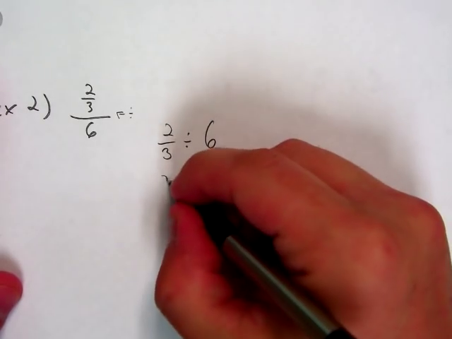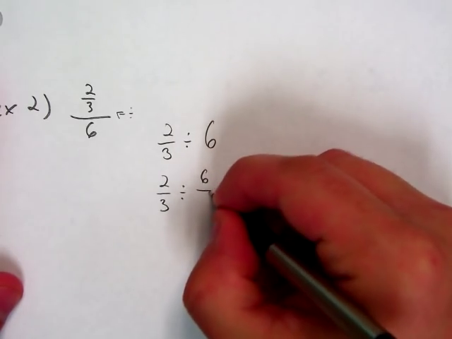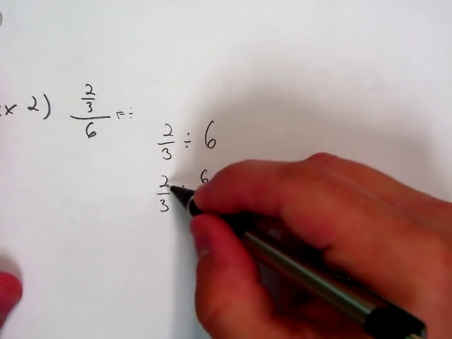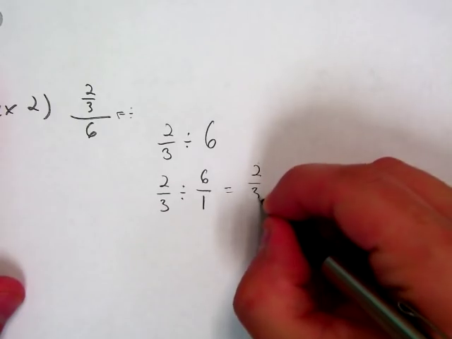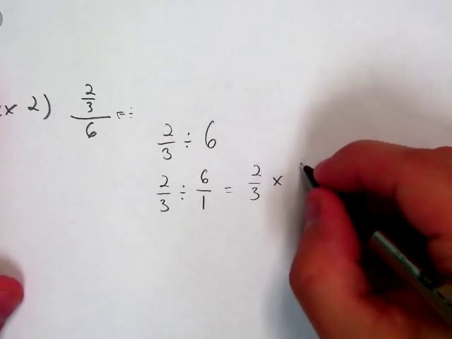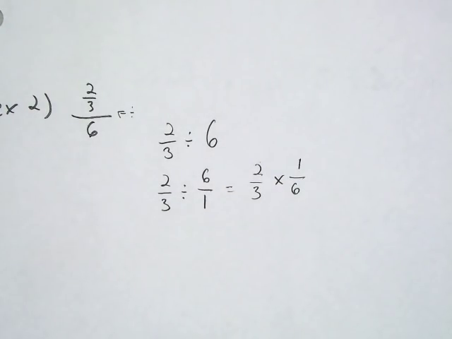If I do that, my new problem will be 2/3 divided by 6/1. Keep, change, flip. So I keep the first number. I change the division to multiplication, and I flip the second number to its reciprocal.